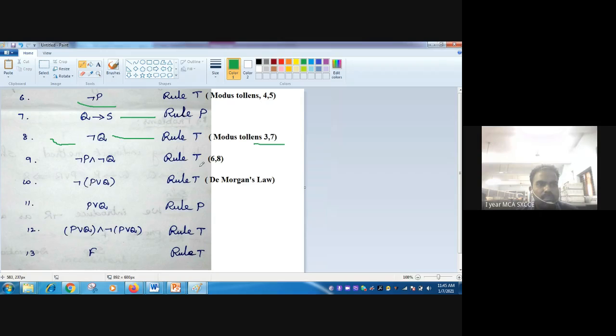Now by combining steps 6 and 8, we are able to get this one. By De Morgan law, we are able to get this one. Then by rule P, P cap Q. So now we can combine these two, and we are able to get what? Emmanuel? Agnes?